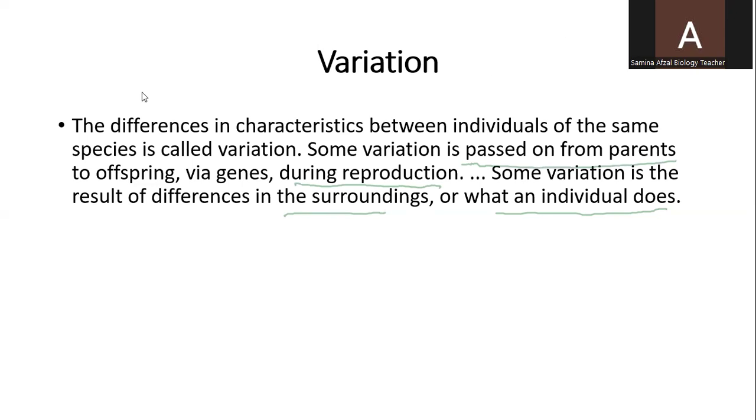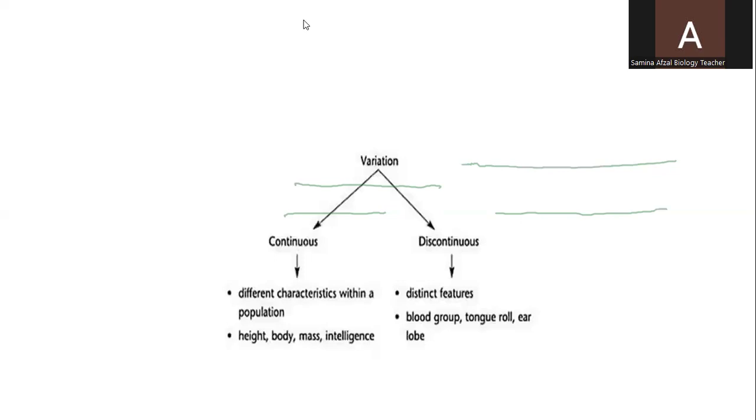So the variations are of two types: continuous variations and discontinuous variations. So what are continuous variations? The different characteristics within a population.